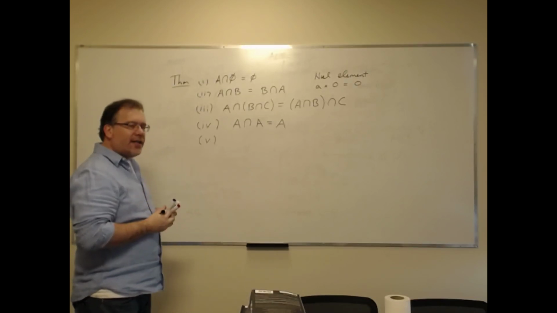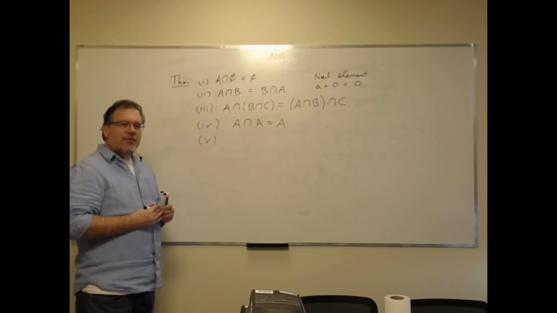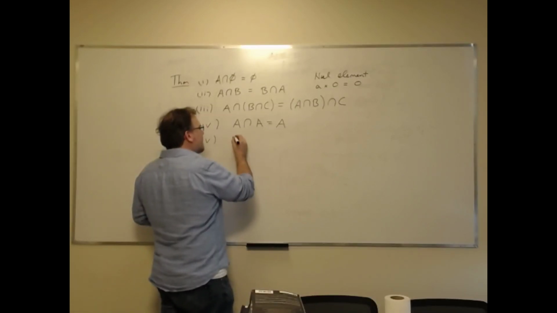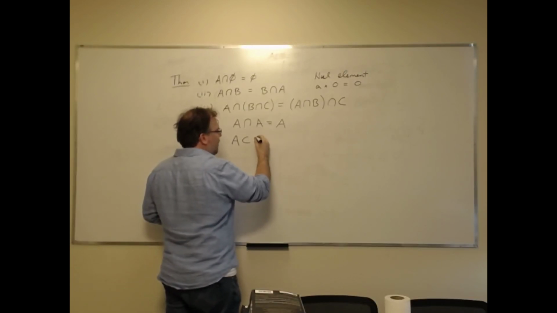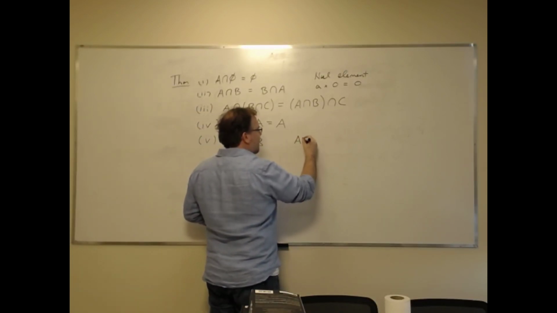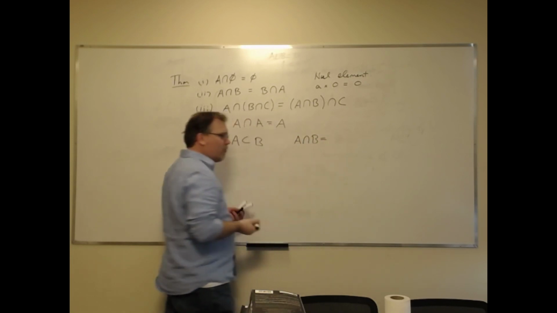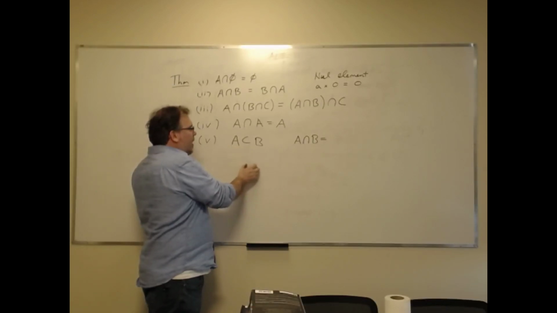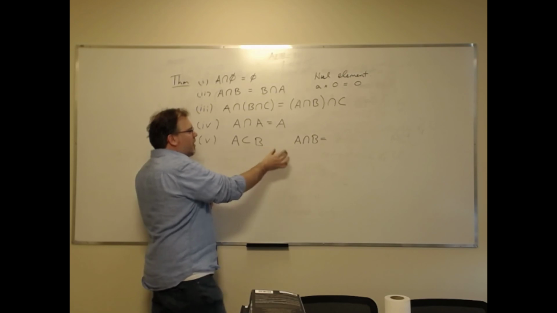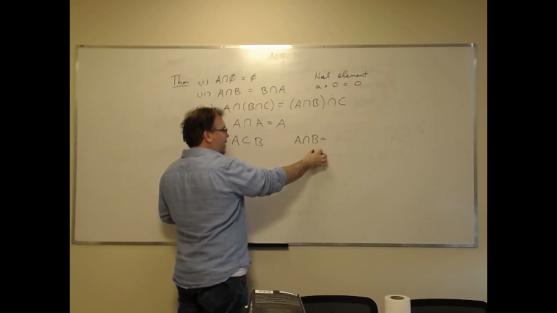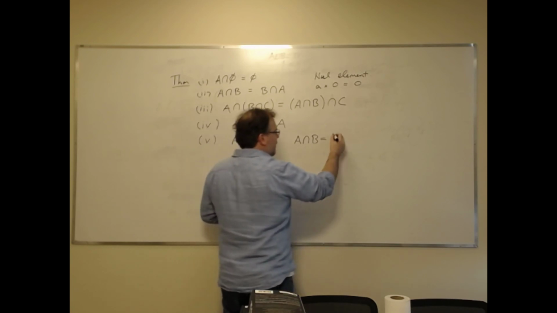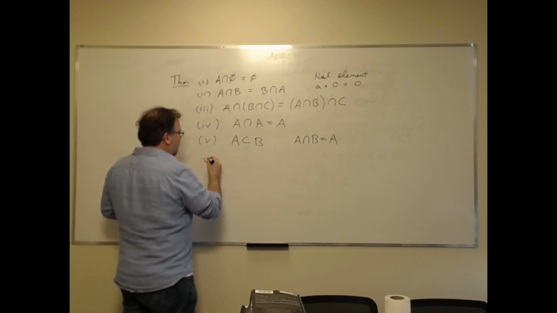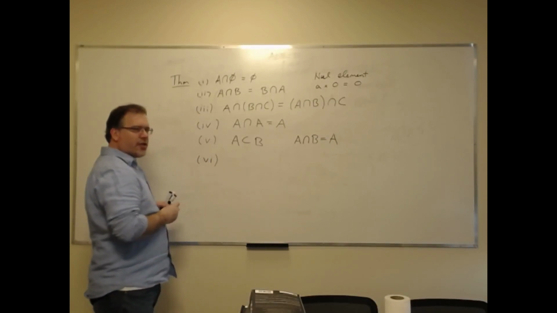And now we have one that is a little bit like property number 5 for union. That one says that if A is a subset of B, then the set A intersection B equals, what do you think it's equal to? So all the members of A are members of B. So the objects that are both in A and in B, well, that must be just the objects that are in A. It has to. And finally, there's a sixth one here, which is quite useful.